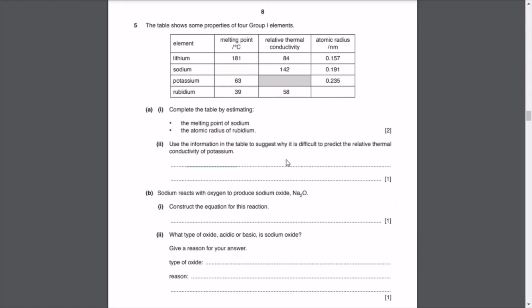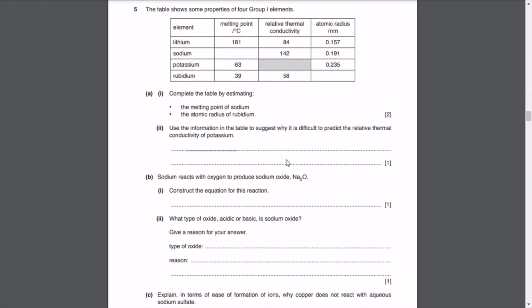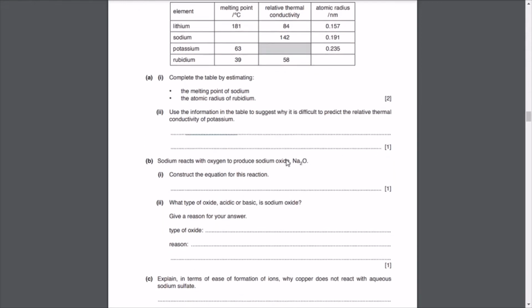Part B. Sodium reacts with oxygen to produce sodium oxide. Construct the equation for this reaction. So we are supposed to construct an equation for Na plus O2 giving Na2O. First of all, you can simply write Na plus O2.